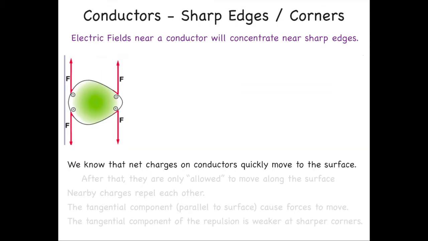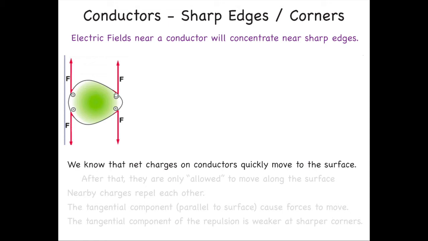Let's now consider what happens when the conductor is asymmetrically shaped and has maybe some sharp edges. Right. So let me preface this by saying that I don't think we have any homework problems on conductors with sharp edges. I'm not going to test you on any of the mechanisms that we're going to cover here. The only thing you might need to know at any point is the end result.